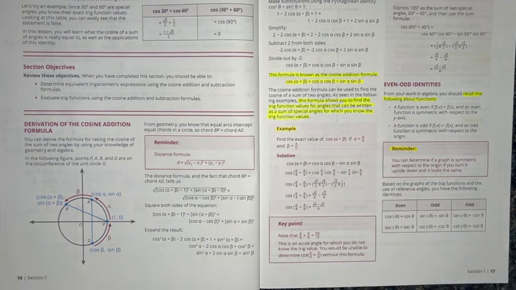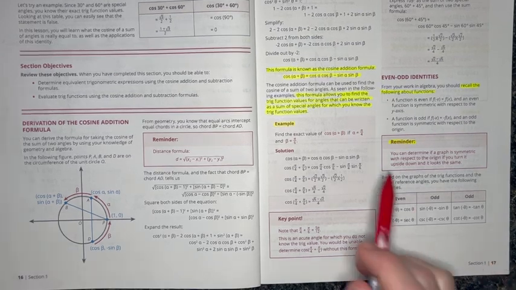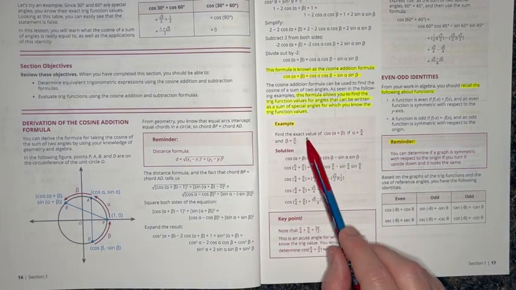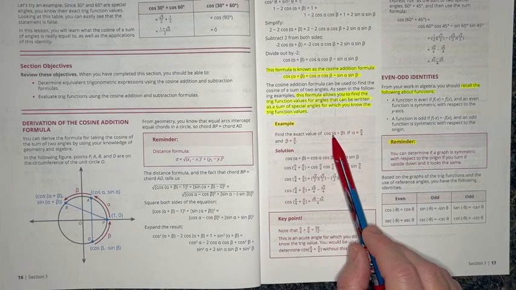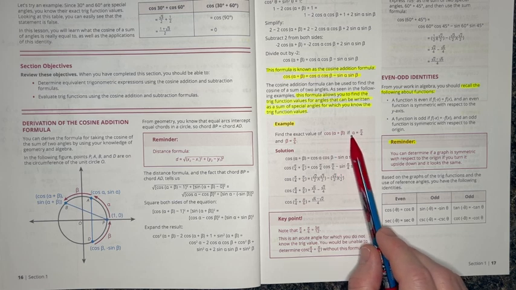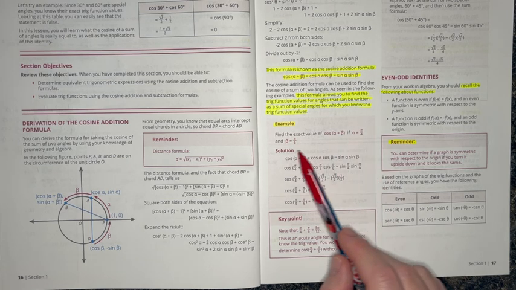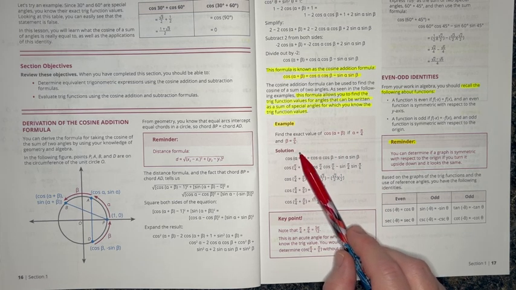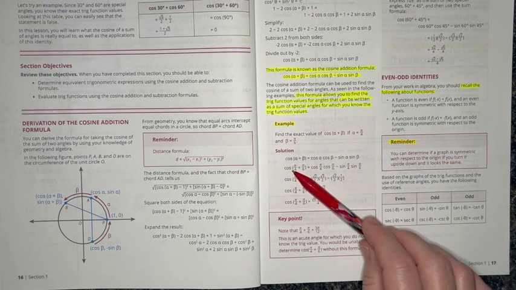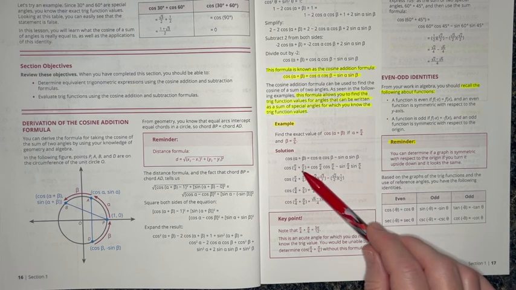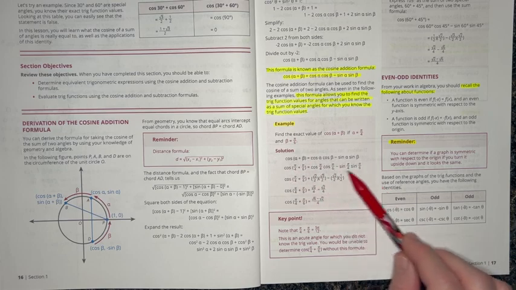Okay, let's take a look at this example. For this example, it says find the exact value of the cosine of the quantity alpha plus beta if alpha equals pi over 4 and beta equals pi over 6. So putting the information right here into our formula, using our unit circle.